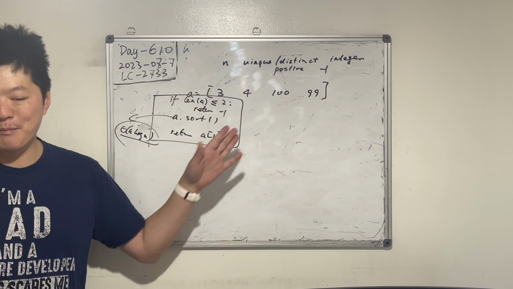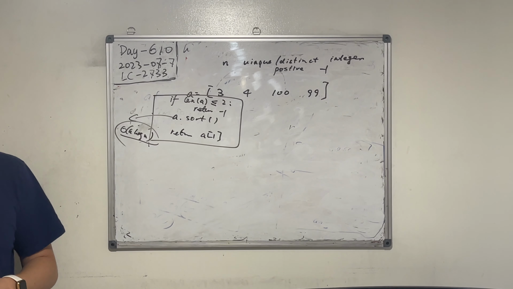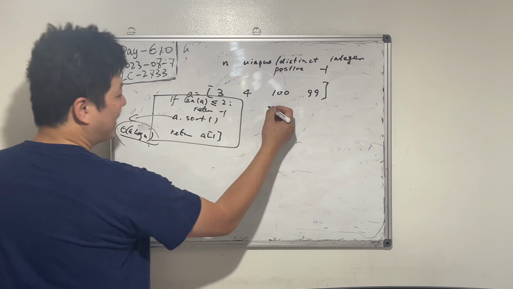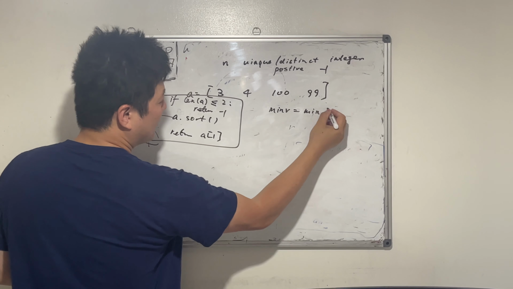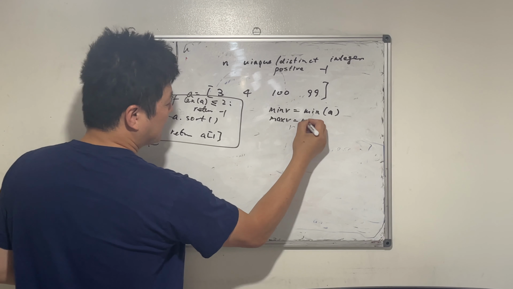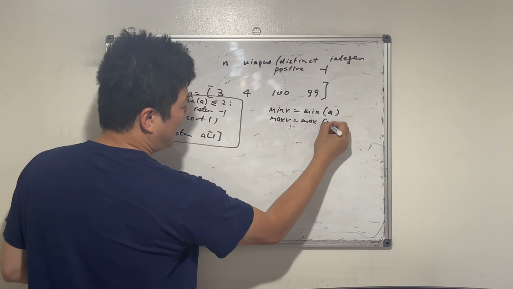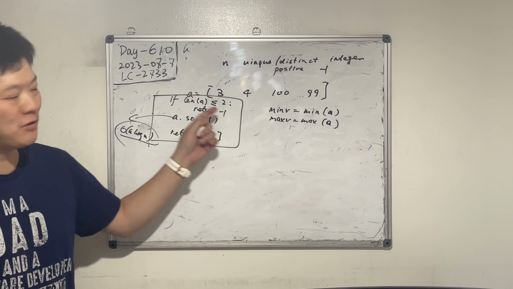So finding the maximum and minimum, right? We can just find the maximum and minimum in O(n) time. Then we take min_v equals the min of A, and max_v equals the max of A. Now we have these two, so we just have to go through the array.